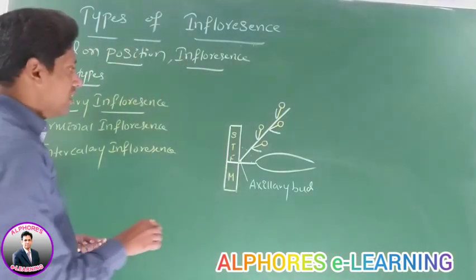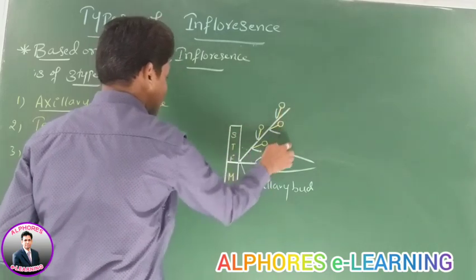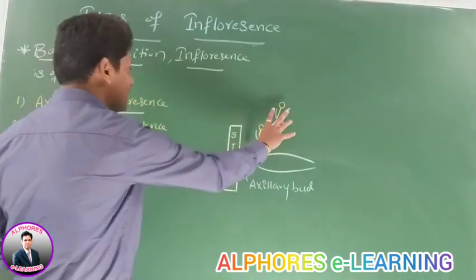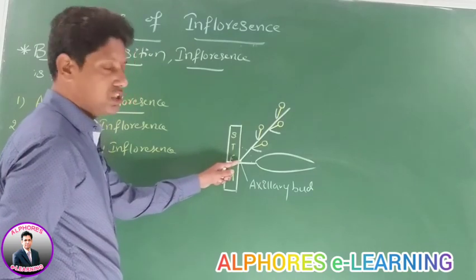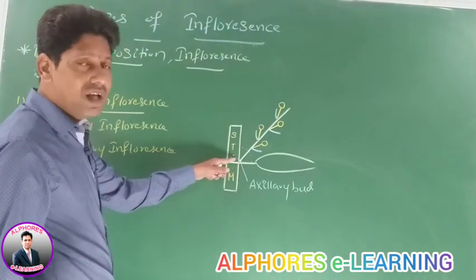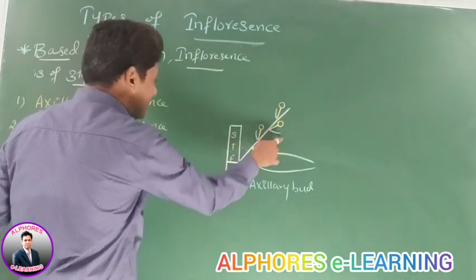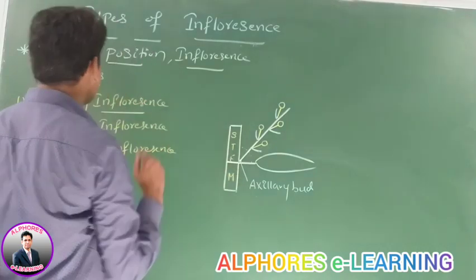Now you tell me, this is an inflorescence. This inflorescence is developed from which bud? Axillary bud. Yes or no?